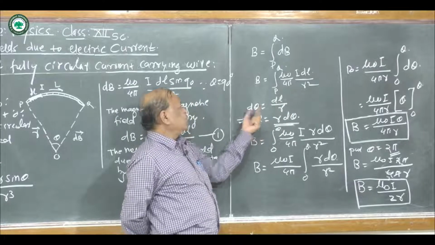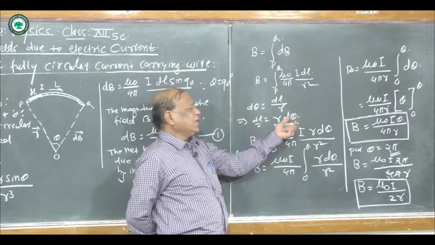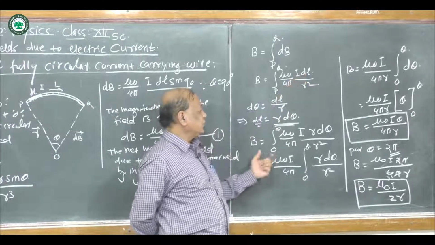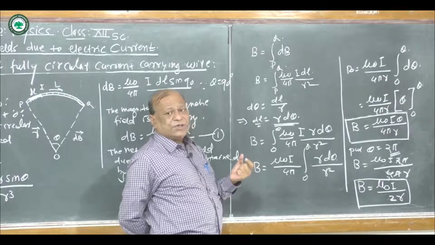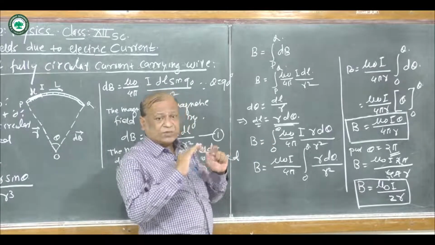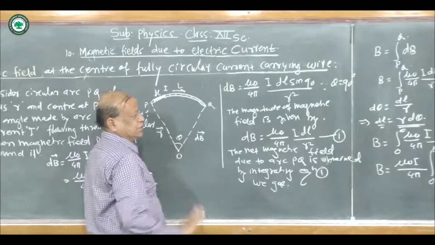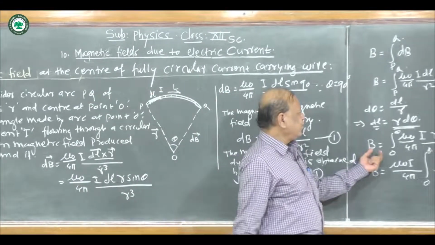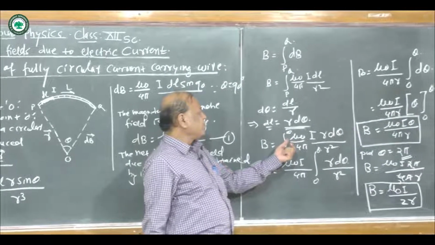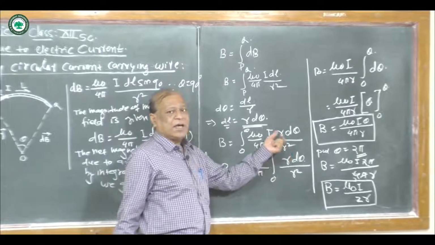This implies dl is equal to r d theta. Put this r d theta in the equation, with the limit of integration from 0 to theta. Theta varies from 0 to this angle theta, and therefore B is equal to the integration from 0 to theta of mu 0 I upon 4 pi, r d theta divided by r square.